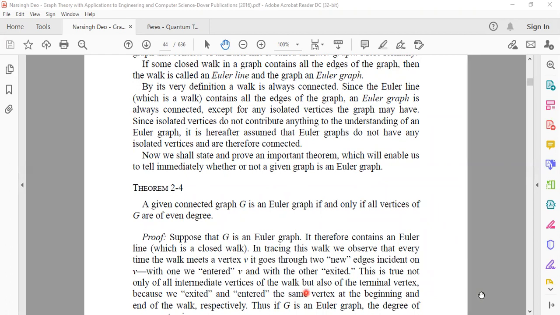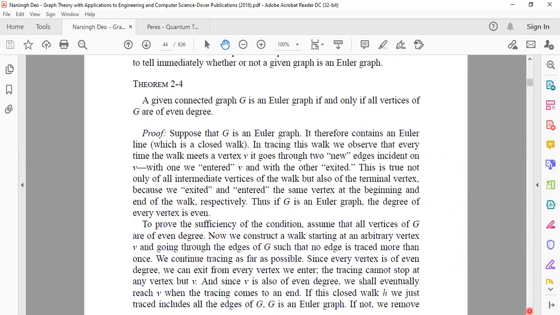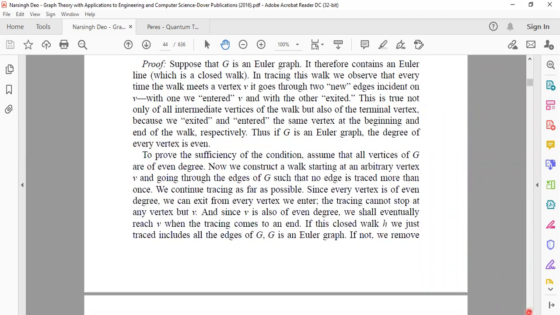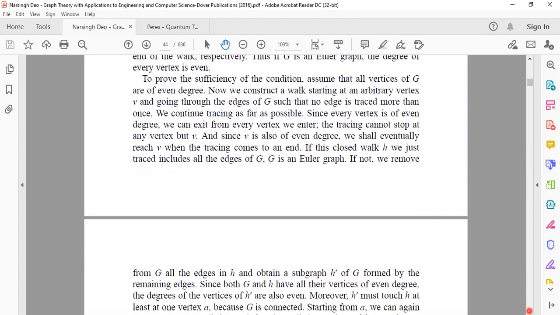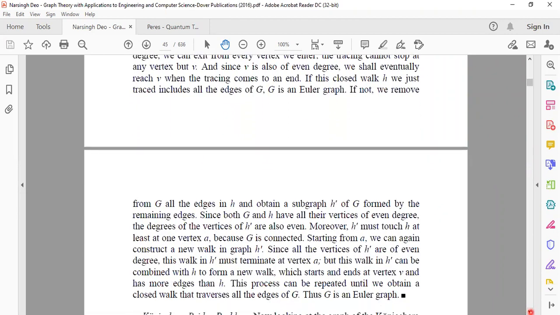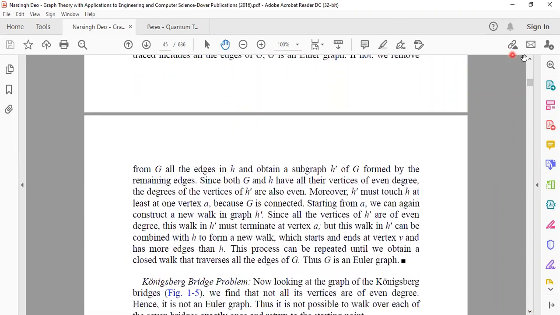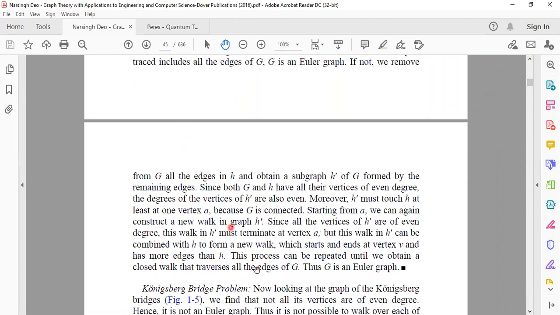The proof is a little bit complicated. You can go through the proof and read the lines carefully to understand what is written over here. But the application of this result is very important, and I'm going to talk about it in the next session of today's class. Let me stop over here and let's meet again in the next session.